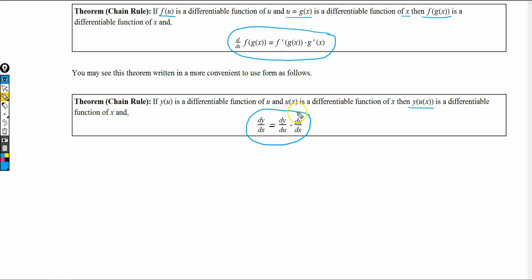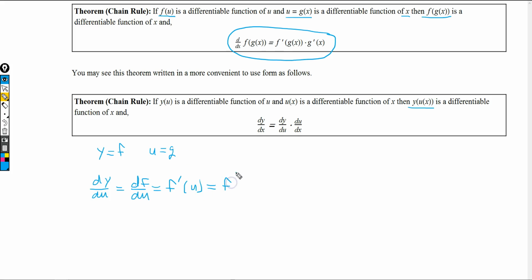Now, this rule down here really is the same as this one up here, because the y is really our f in the restatement down here, and the u is the g. So dy du equals df du, and so that's f prime of u, and the u is g, so that's just f prime of g of x.